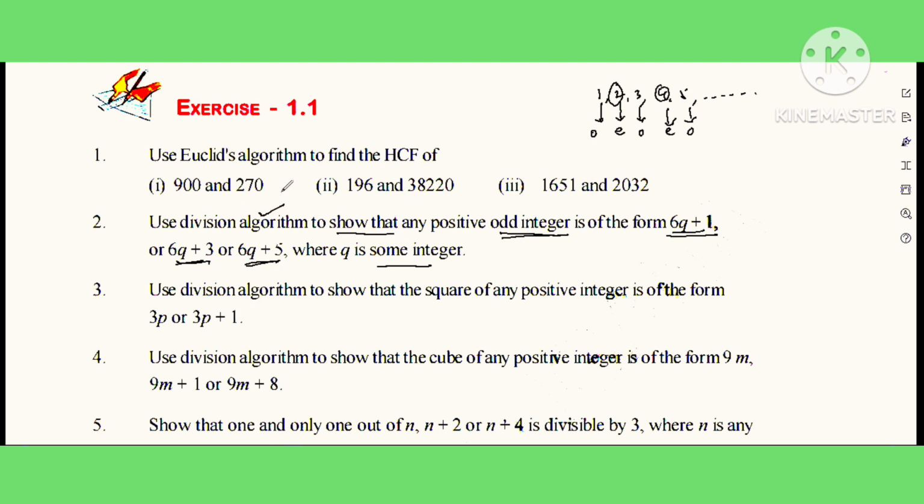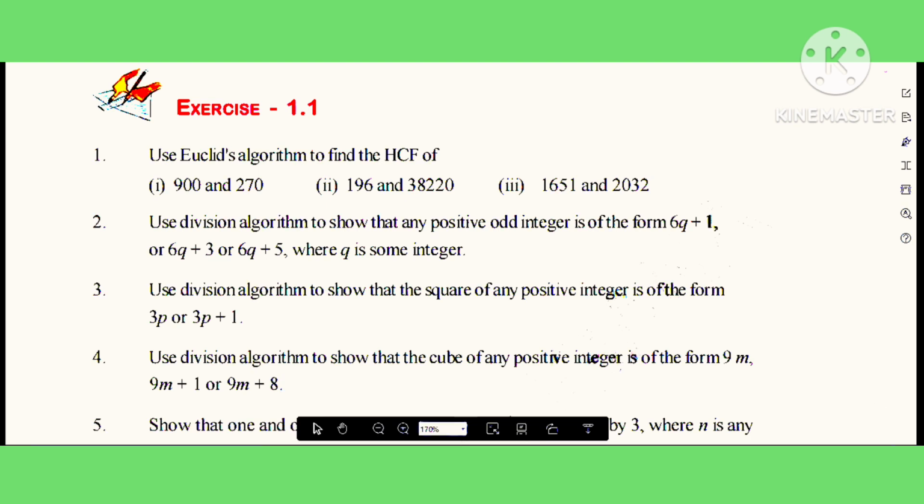Already you know what the division algorithm is: for any two positive integers a and b, there exist unique q and r such that a equals bq plus r. That is the division algorithm.